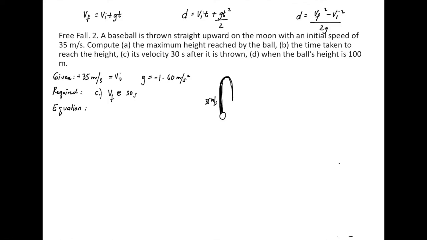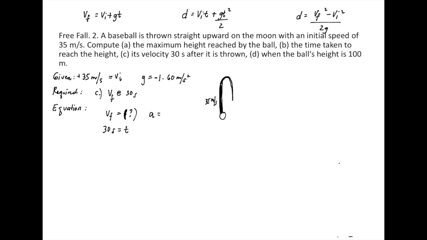Okay, so what's the best equation to be used? Let's first analyze what are the variables. We have the Vf, and that is the unknown. We have 30 seconds as the time.